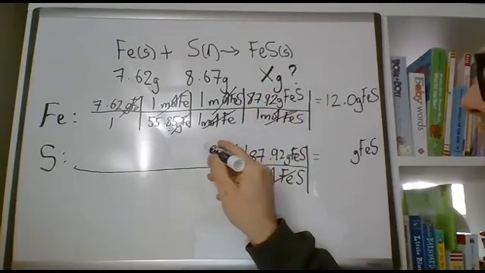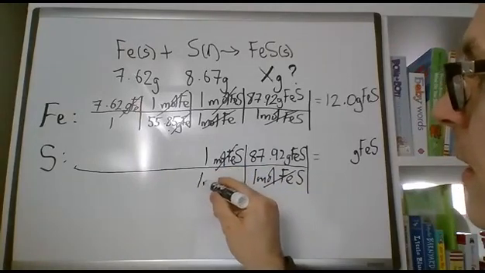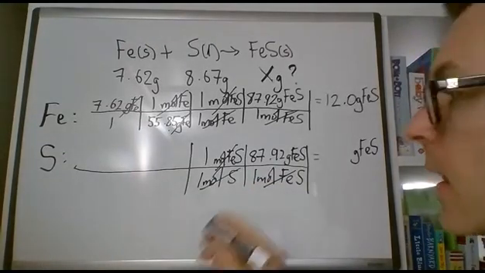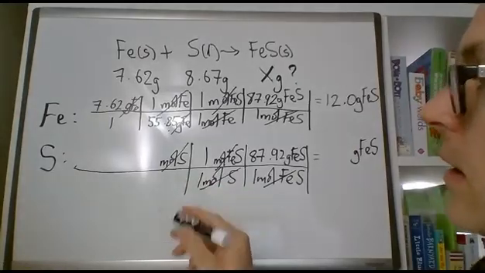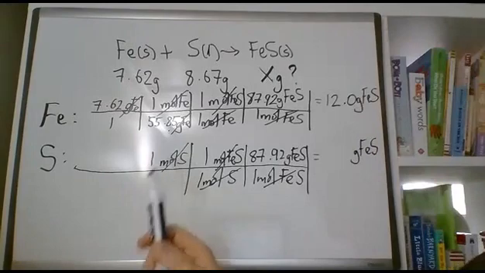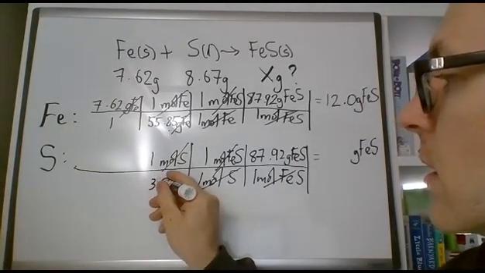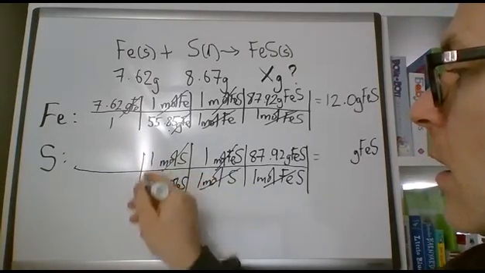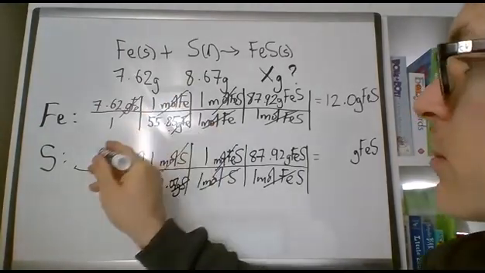From the balanced chemical equation, I know 1 mole of FeS is equal to 1 mole of S, so I put mole of S up here. In the periodic table, I know that 1 mole of S is equal to its weight in grams, that is 32.07 grams. Now I can use my input.